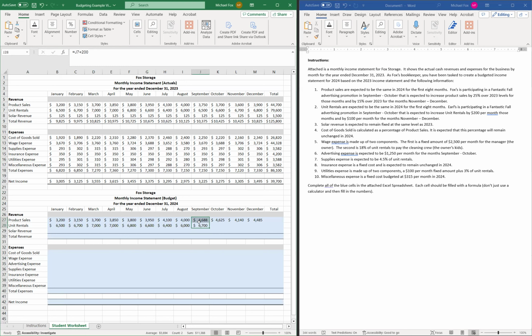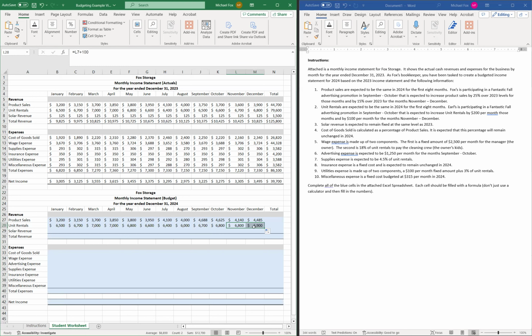And again, since September and October are both the 2023 amounts plus 200, we'll just fill that over. And then it says November and December, we expect $100 more. So I'll hit equals. I'll hit the November 23 amount plus 100. And I'll use my little tool here to fill.